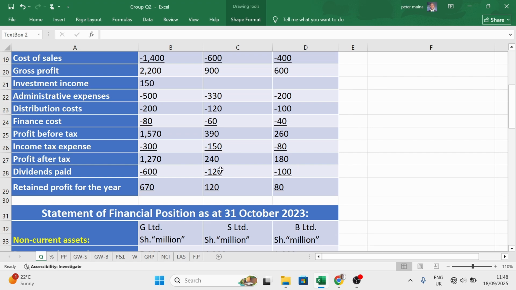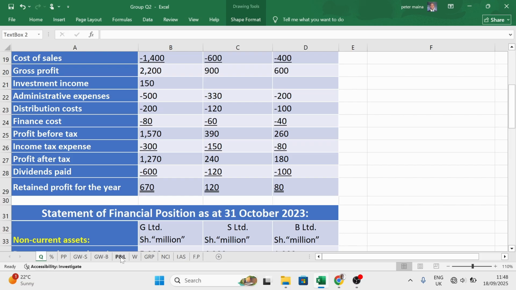So the dividend that is payable to G is supposed to be deducted. That is what we call intercompany dividend. To S Limited, the dividend is an expense. To G Limited, the dividend is an income. It is supposed to cancel out.